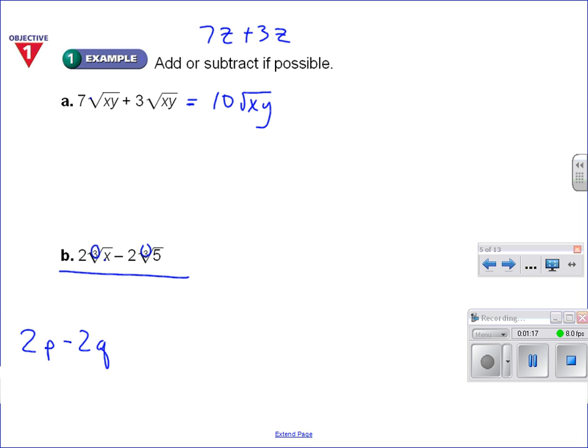If I said simplify, you'd say, Mr. Roderick, I'm done, there's nothing I can do with that. So this is not possible. In order to add or subtract, we have to have everything, all the exponents, the indexes, the symbols, all the same in order to add or subtract and combine like terms.